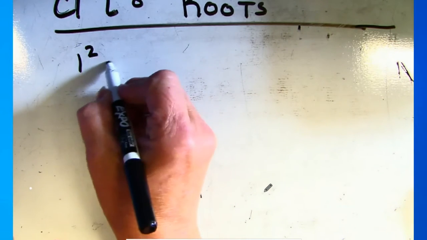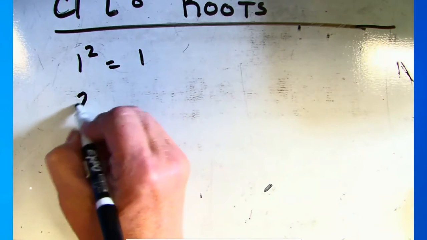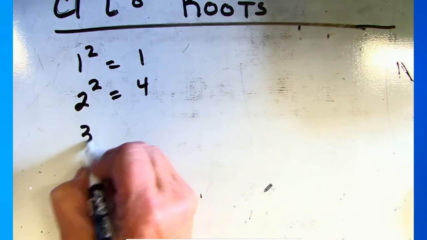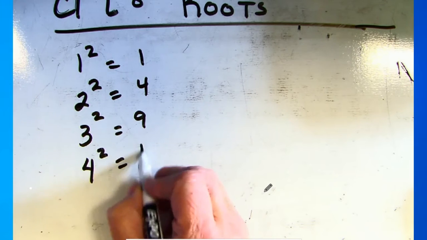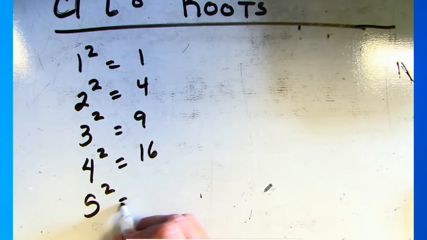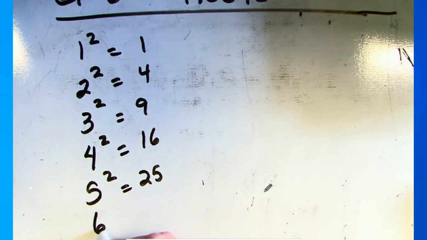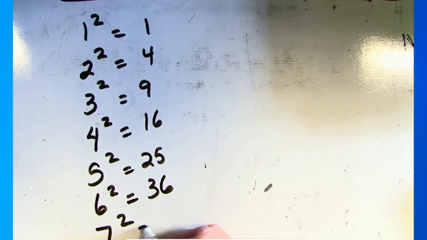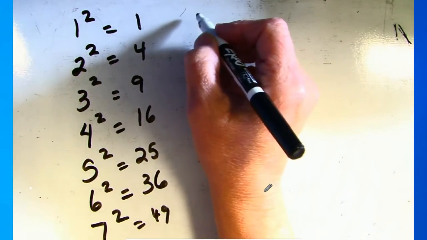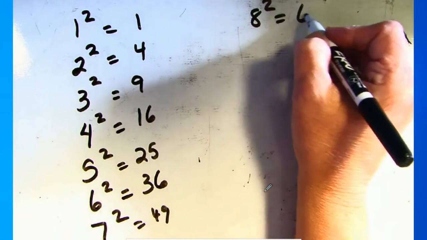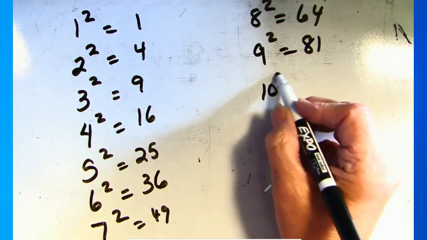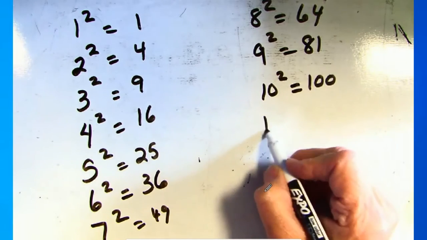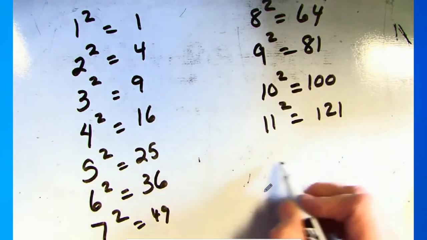So 1 squared equals 1, 1 times 1. 2 squared, 4. 3 squared, 9. 4 squared, 16. 5 squared, 25. 6 squared, 36. 7 squared, 49. 8 squared, 64. 9 squared, 81. 10 squared, 100. 11 squared, 121.